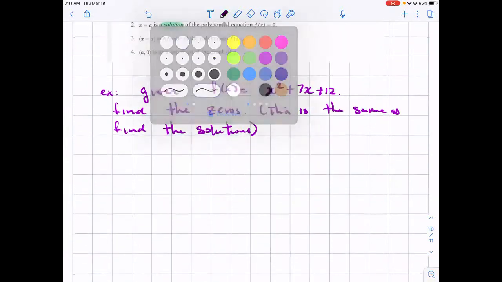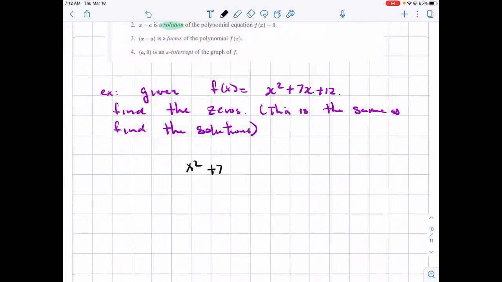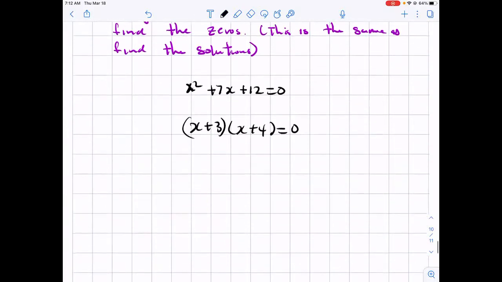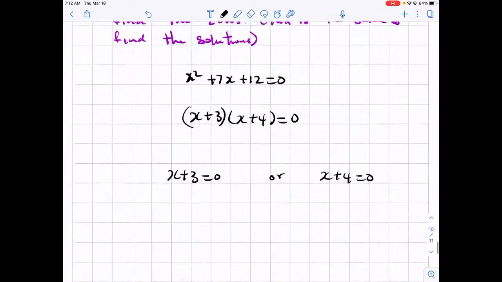So x squared plus 7x plus 12 equal to 0. So x plus 3 times x plus 4 is equal to 0. So x plus 3 is equal to 0, or x plus 4 is equal to 0.